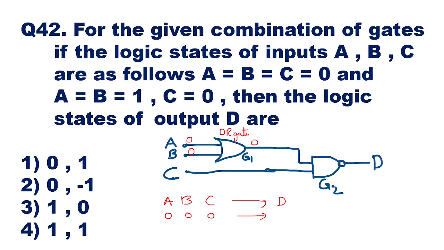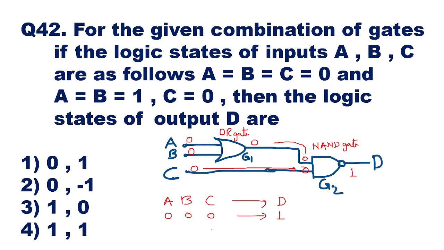In the first combination C is also 0, so this 0 will come here, and this 0 will come here. So when the inputs are 0, 0, this is a NAND gate, and we know that for NAND gate, when both the inputs are 0, 0, the output is 1. So in this case, D is 1.